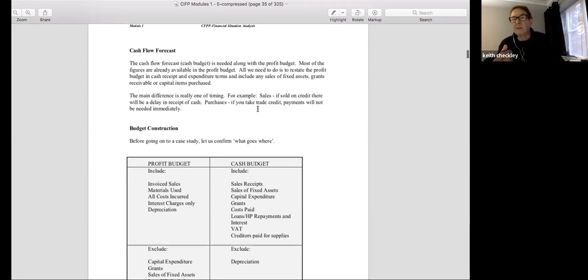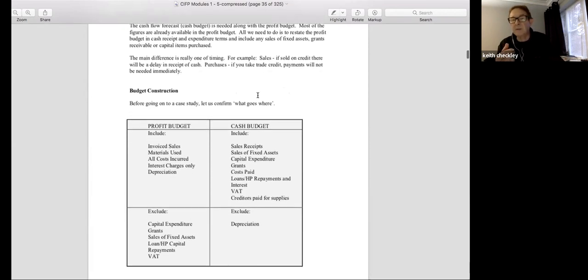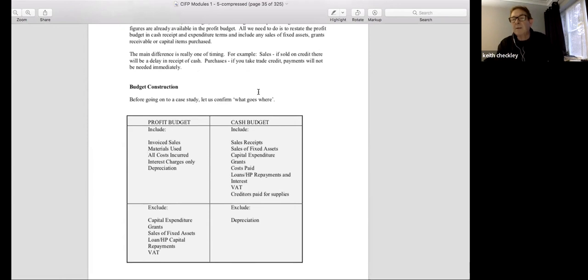Now, this next chart is meant to help you if you're not too familiar with these budgets, and it's quite a handy template to have because sometimes people are not too sure what actually goes where. In the profit budget, which is projecting forward the income statement, there will be projected sales, projected cost of sales, and costs, with interest charges only.